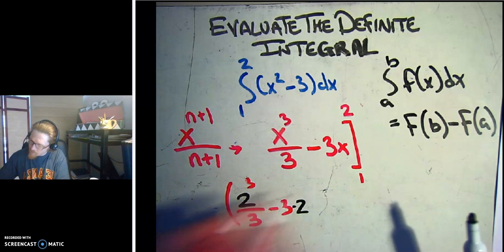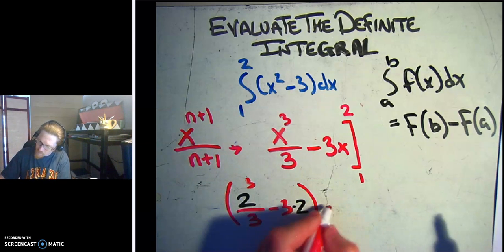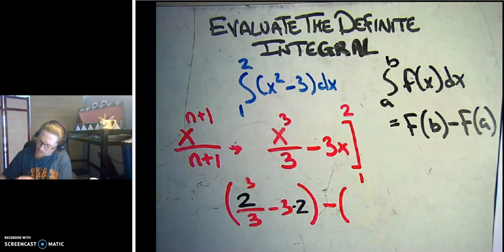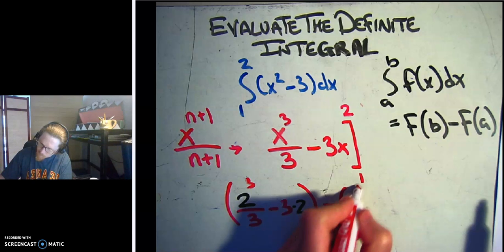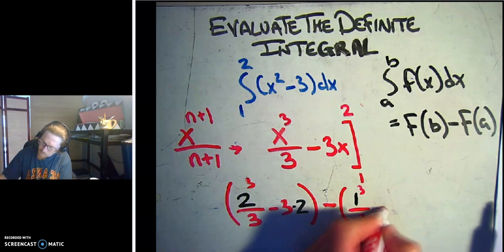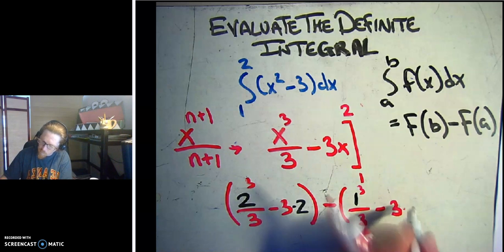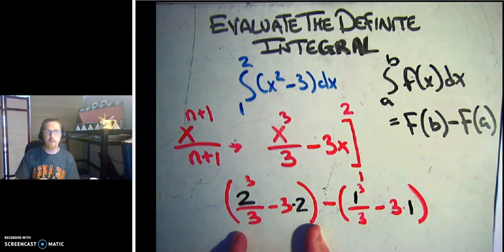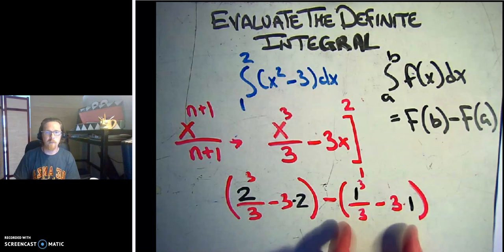So that's going to be the F of b, so to speak, minus, and I'm going to plug in a 1. So this is going to be 1 to the third power over 3 minus 3 times 1. So this is that difference, F of b minus F of a.